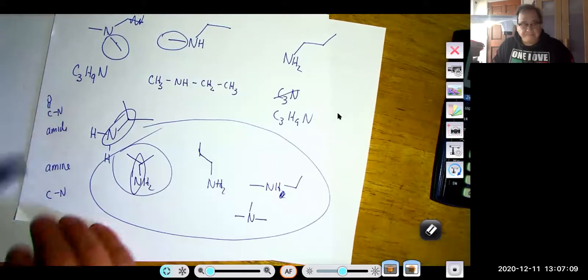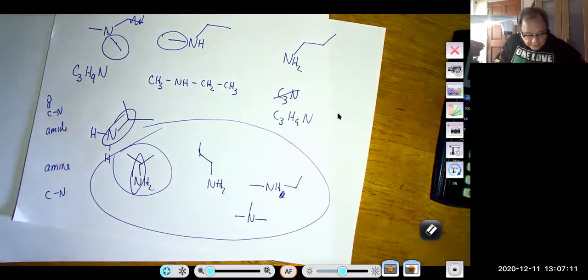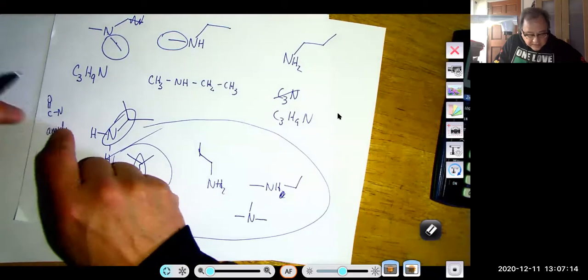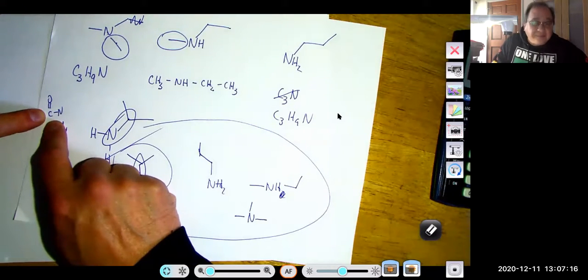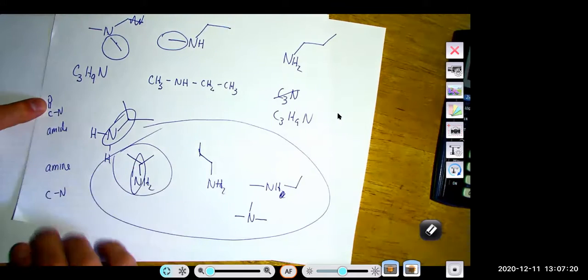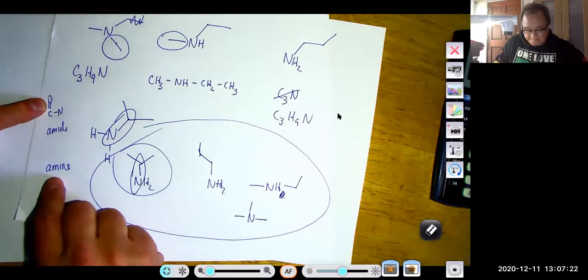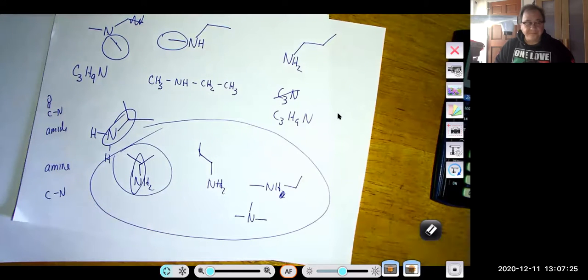So they're different. Some people take a look at this and they say, oh, this is amide and amine. No. If you have the double-bonded oxygen, it's not an amine. So it's one or the other, not both.